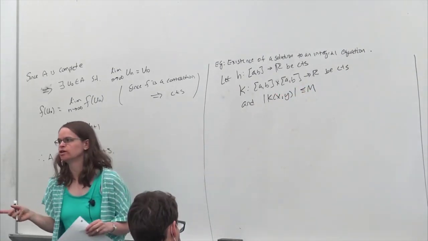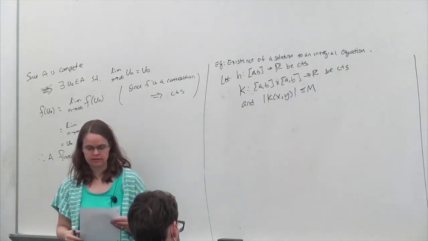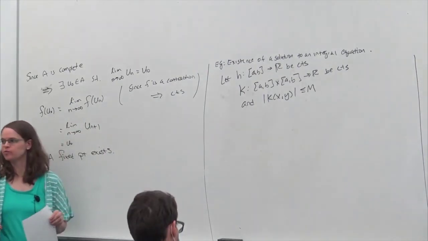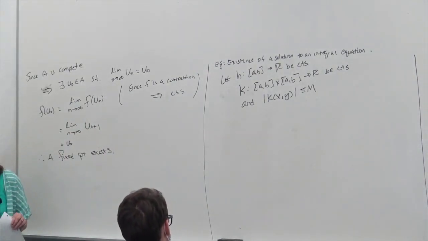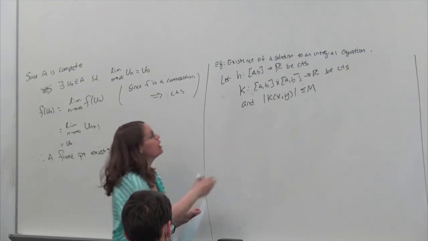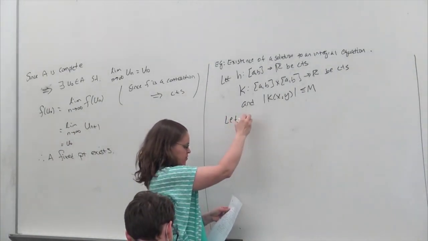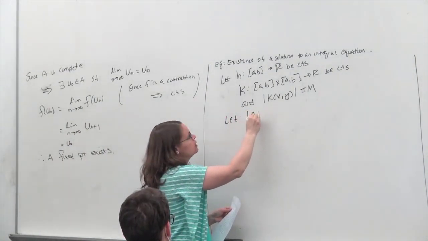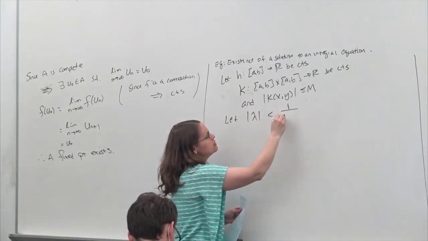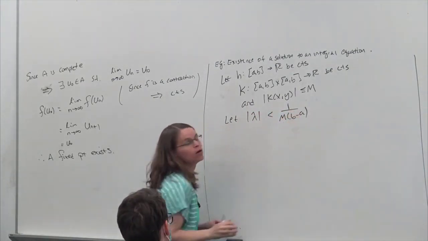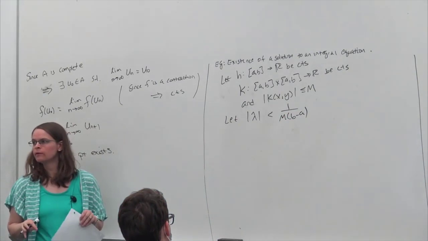A continuous function on a compact set is of course bounded. I'm going to give you the explicit value of the bound here because this matters. Now we're going to also have some parameter, lambda, that is not too big. This is how big it's allowed to be at most.